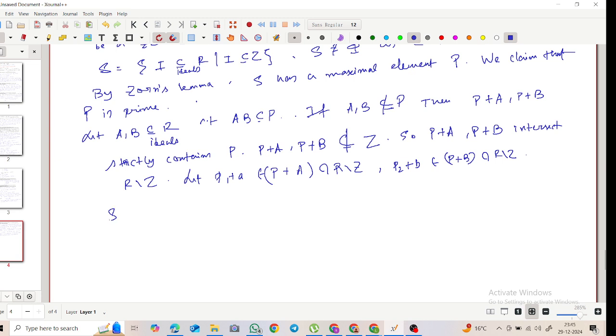Now, since R minus Z is closed under multiplication, (p1 plus a) times (p2 plus b) is in R minus Z, right?